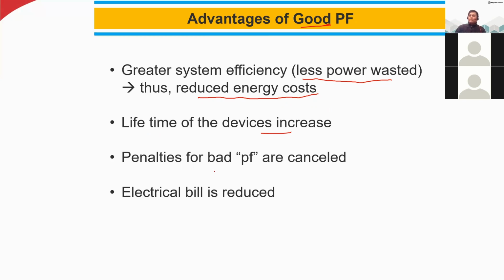If they measure the power factor and find machines with the worst power factor, they will put a fine on you. They will ask you to pay money. So that is a penalty. They do that until now. So poor power factor will also lead to penalties for the user. That's why we have to maintain the power factor as good as possible. If you use machines with a good power factor, the penalties can be avoided and the electricity bill will also be reduced.